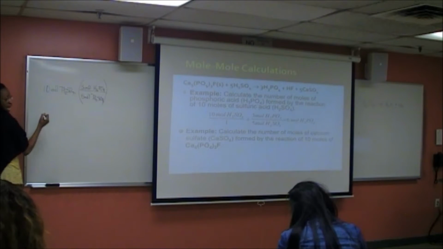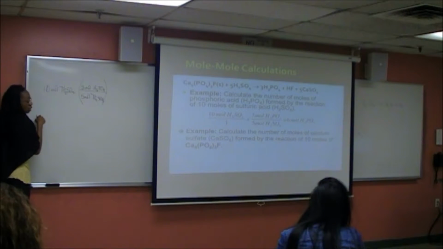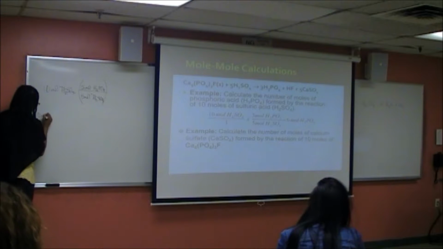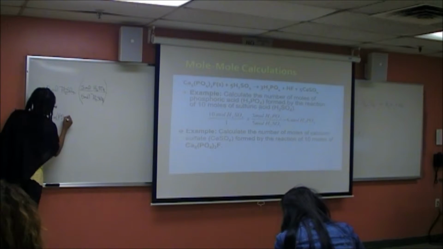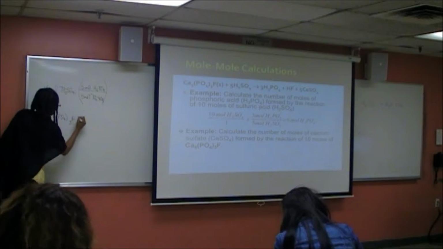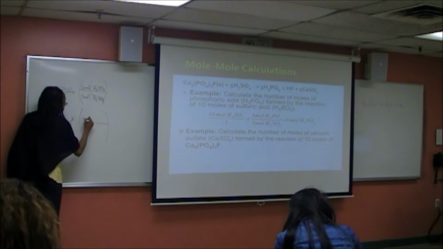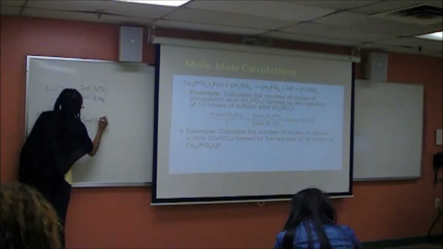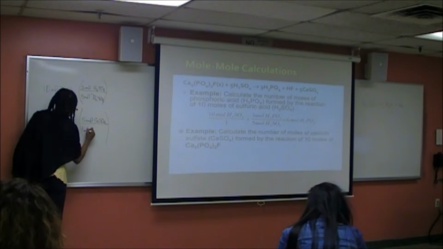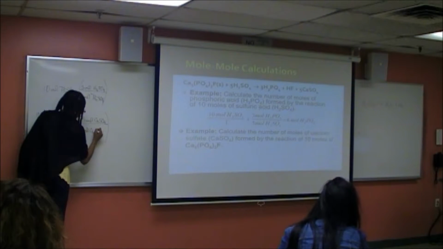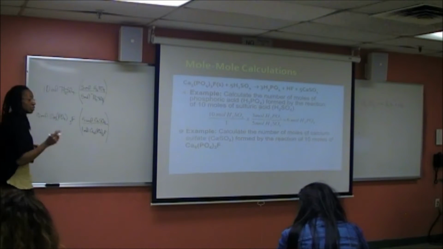So 10 moles of calcium phosphate fluoride, 5 moles of calcium sulfate over 1 mole of calcium phosphate fluoride.